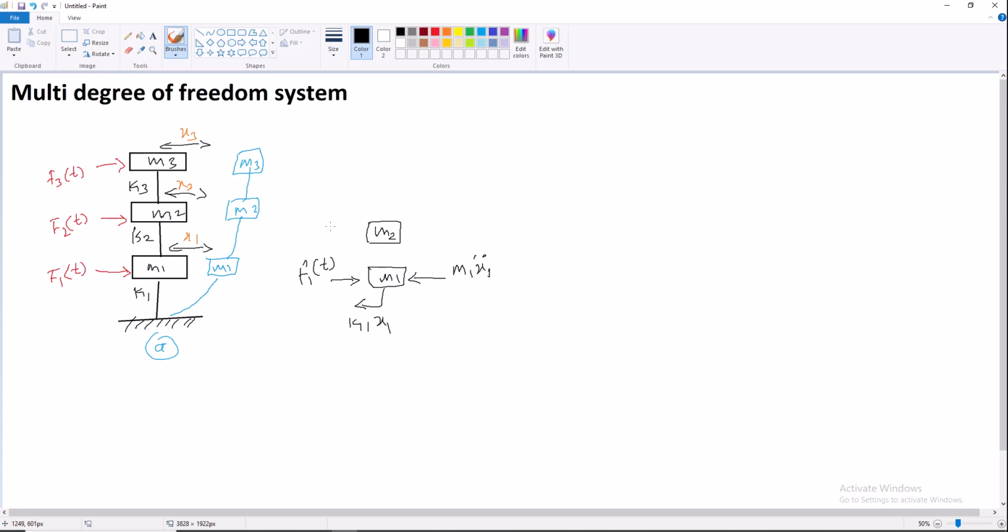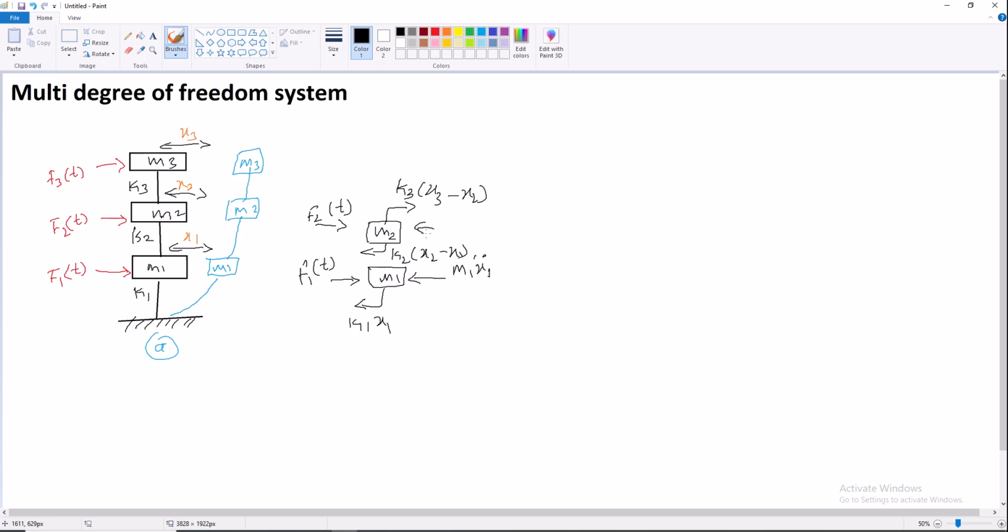Again the force F2 of t is acting, the resisting force K3 of x3 minus x2 is resisting, and at the same time here K2 of x2 minus x1 is resisting.